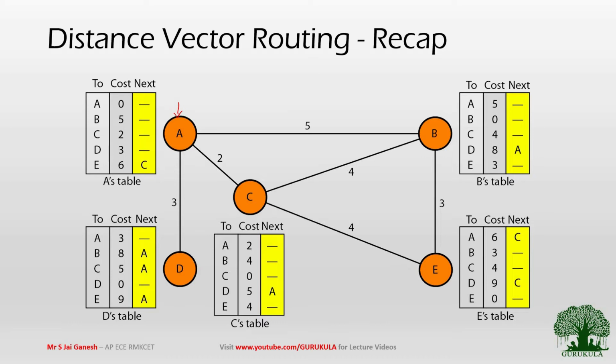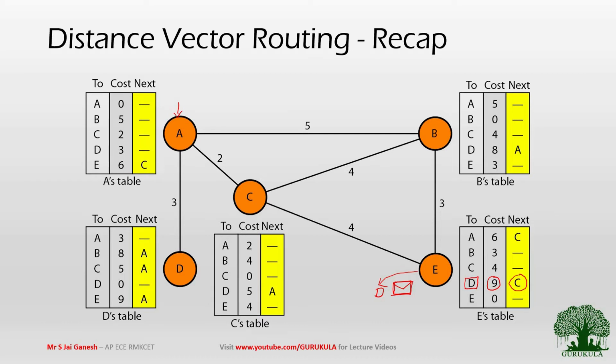Let us take an example: E has some packet which has to be destined to D. If E wants to send this packet to D, let us see what will happen. E does not know the complete route that this packet will take in order to reach D. When you look at the routing table of E, it just knows that D can be reached with a cost of 9 when it goes via C.